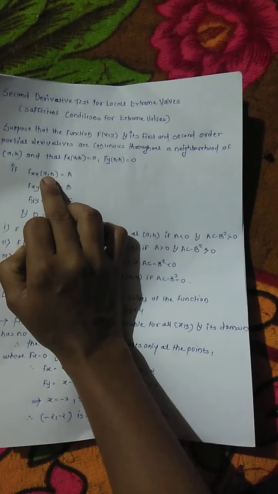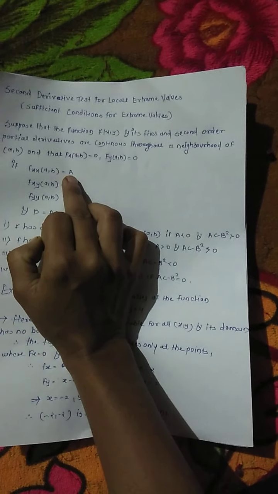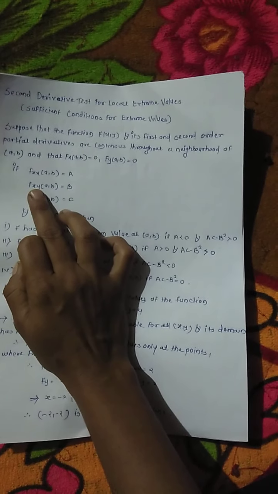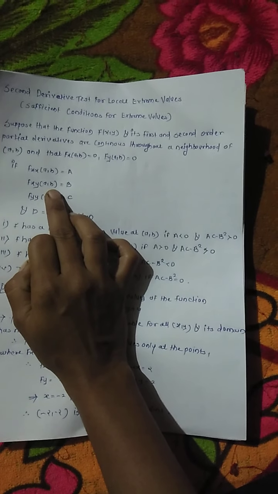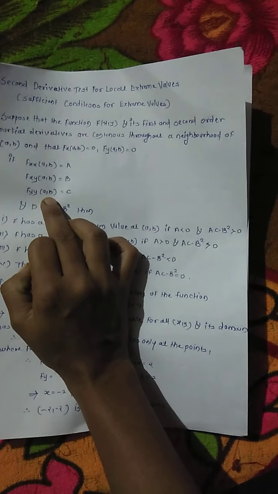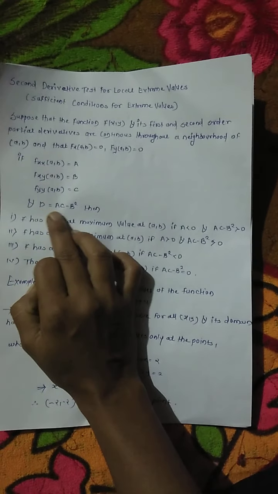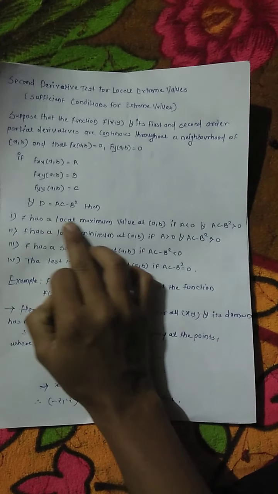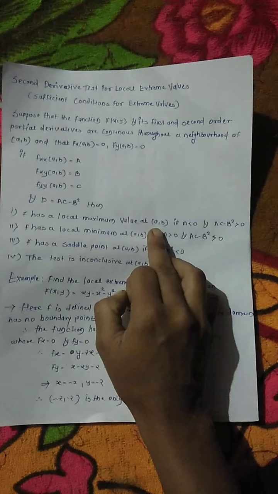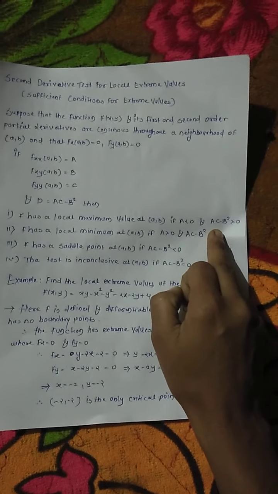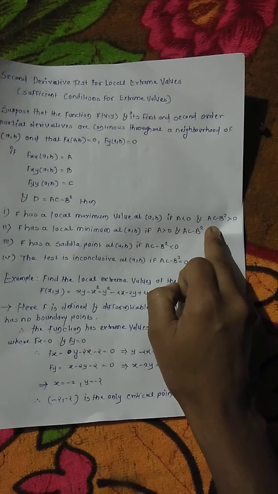Consider A equal to fxx at (a, b), B equal to fxy at (a, b), C equal to fyy at (a, b), and D equal to AC minus B square. First, f has a local maximum value at (a, b) if A is less than 0 and AC minus B square is greater than 0.